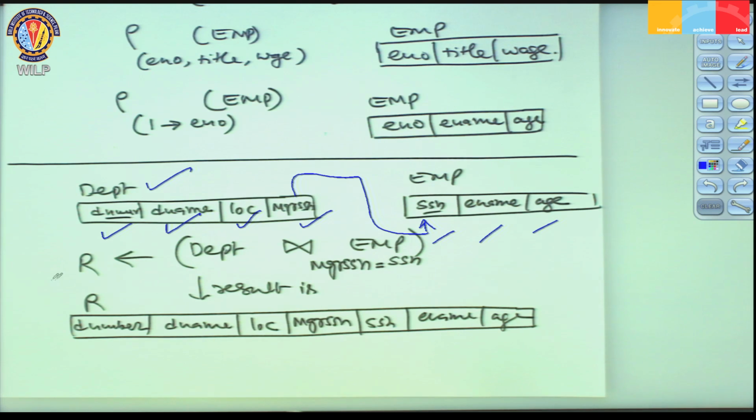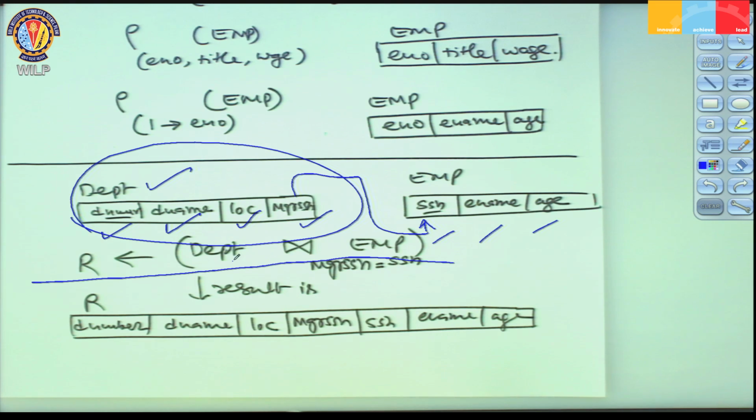If I write this query, department joined with employee where manager SSN is equal to SSN, the result will contain all the attributes from department and all the attributes from employee table. So that's why 4 plus 3, in total there will be 7 columns. That's why the degree or arity of the resultant relation is going to be 7.